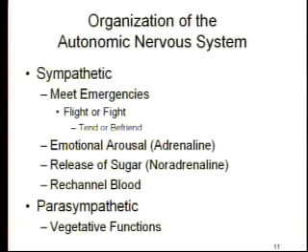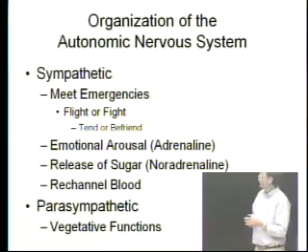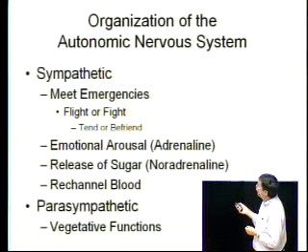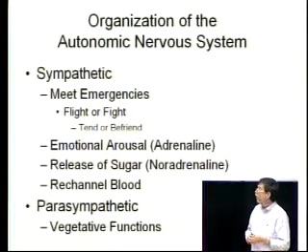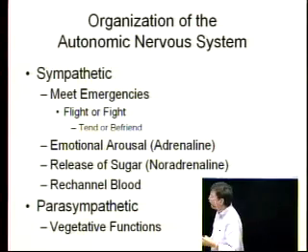The function of the sympathetic nervous system is to organize the body to meet emergencies. Whenever something unexpected or stressful happens to an organism, it starts to deal with it by virtue of activation of the sympathetic nervous system.